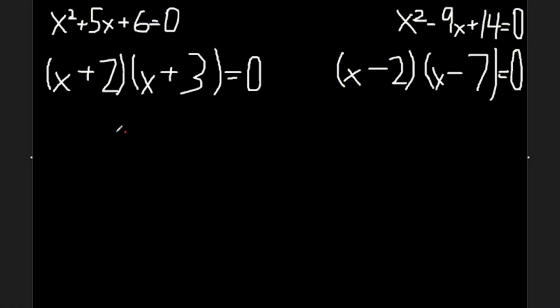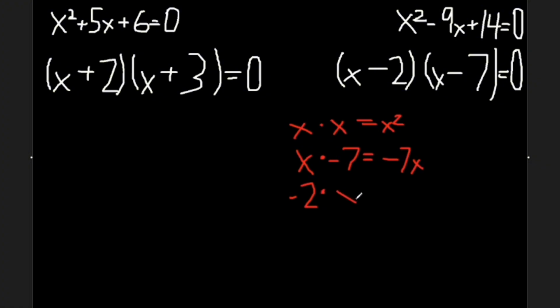Now, first, x times x is equal to x squared. x times negative 7 is equal to negative 7x. Negative 2 times x equals negative 2x.